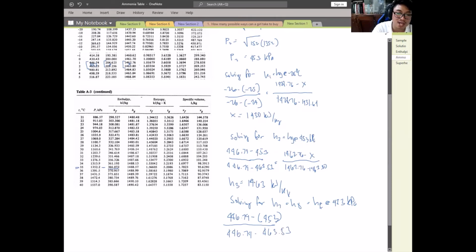Ito po yun. Or gayahin na lang natin to. Same lang naman sila, but different lang yung HF. So, katapat ng 446.74 is 204.625 dun sa HF namin. 204.625 minus yung X nung HF ng 453. Then, same. Minus yung HF ng katapat ng 463.53, is 209.256.